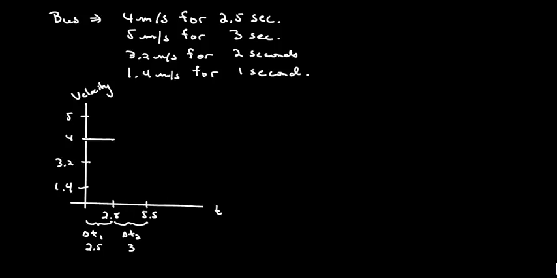And now from 2.5 to 5.5 seconds, we're traveling at 5 meters per second. Let me do my best to get my line. So clearly this function is not continuous. For the next 2 seconds after that, to 7.5 seconds, this length is change in time 3, equal to 2 seconds, and during that time we're traveling at 3.2.